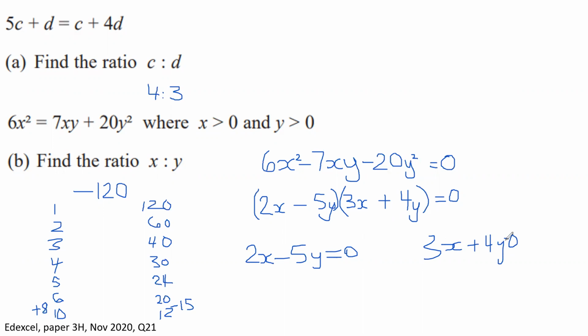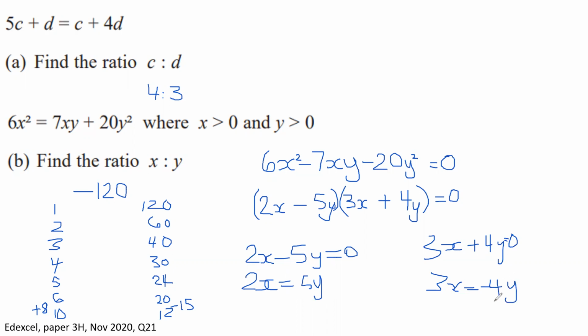Now if we try and solve these a little bit, we subtract plus 5y from each side, and we end up with 2x equals 5y. On this side, we end up with 3x equals minus 4y.